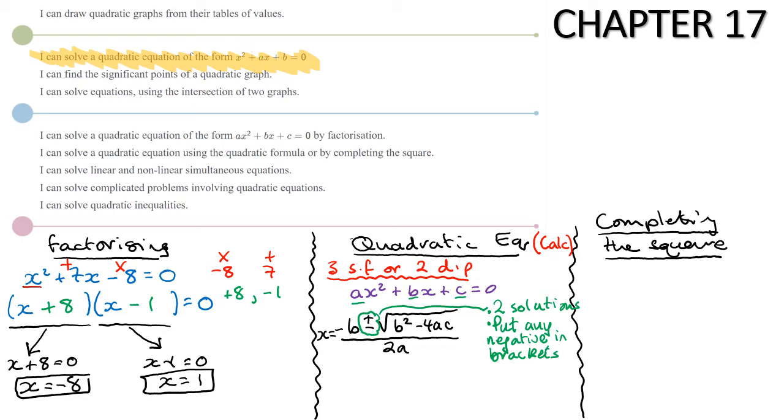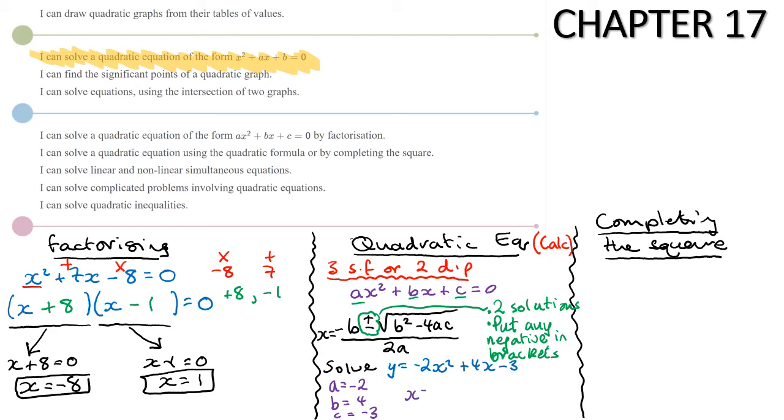So for example, if I needed to solve this equation, y equals minus 2x squared plus 4x minus 3, and I was using the quadratic equation, I would have a equal to negative 2, b equal to 4, c equal to negative 3.